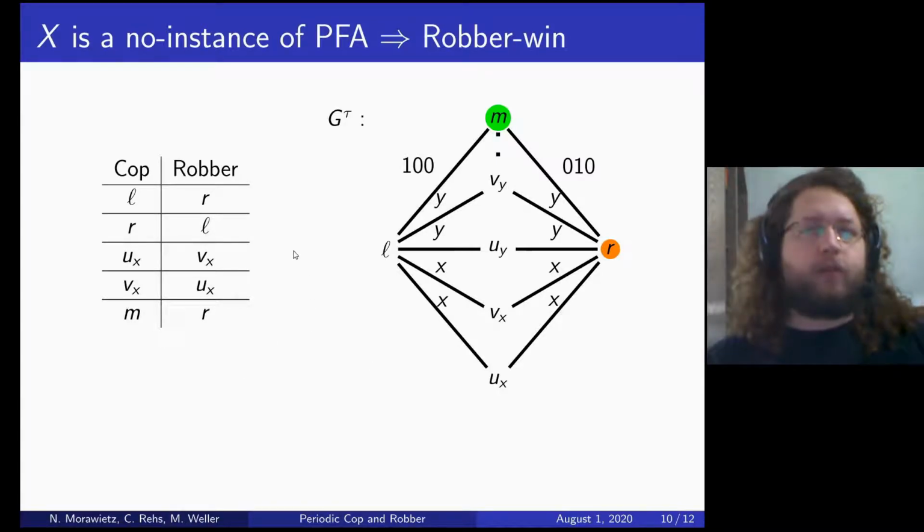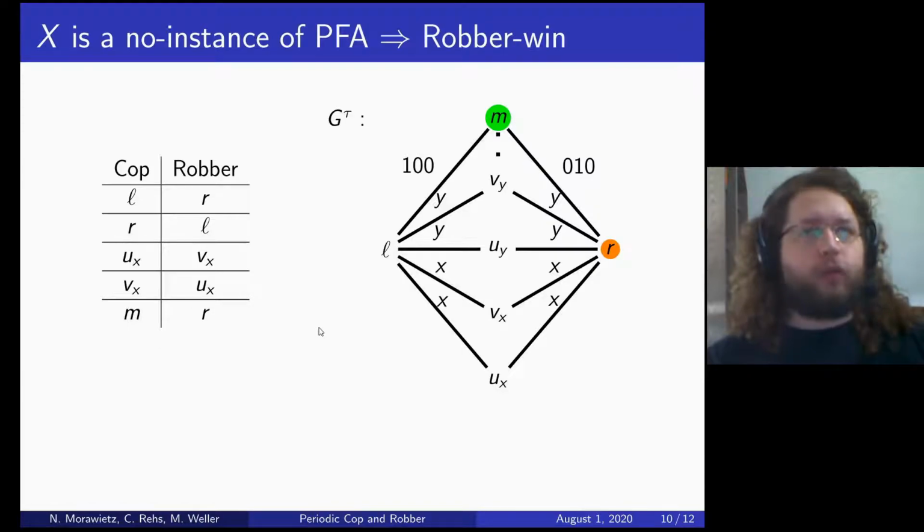So in the last case, if the cop is on M and the robber is on R, then we can easily check that the cop cannot catch the robber in any time step divisible by 3, since this edge between M and R does not exist in any of these time steps.